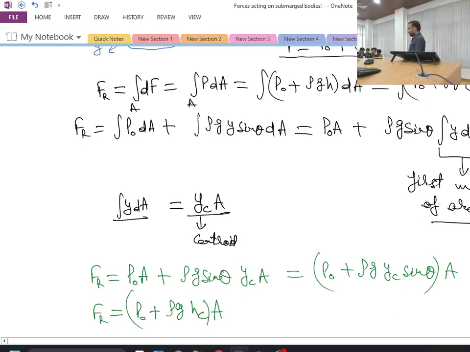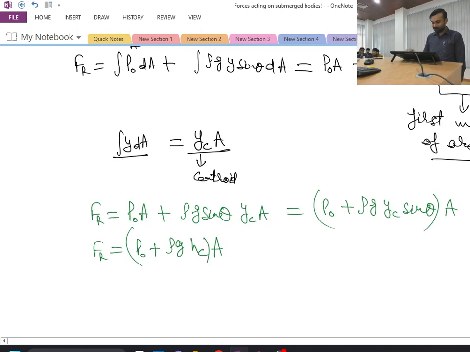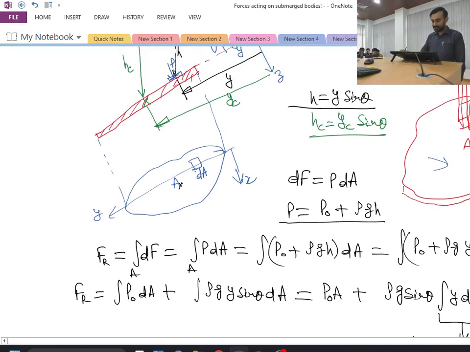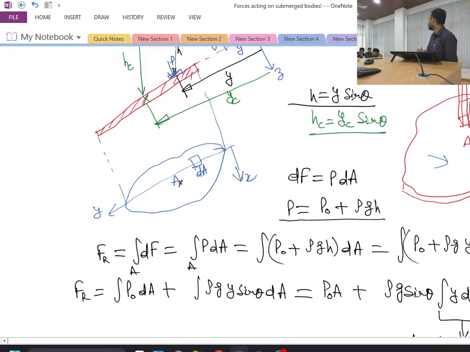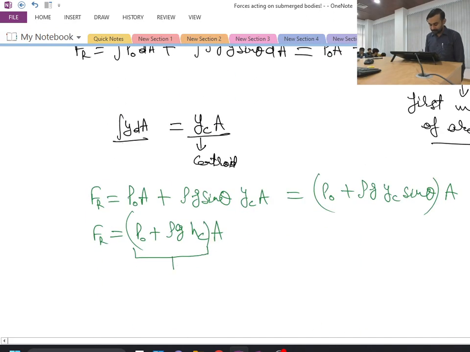Okay, so now if you see, what is this quantity P naught plus rho g hc? It is nothing but the pressure at the centroid of this planar surface. So I can simply say that this is the PC, pressure at the centroid of the planar surface.